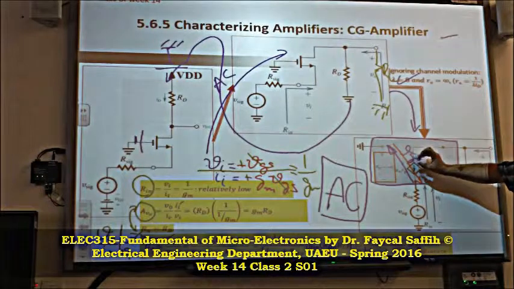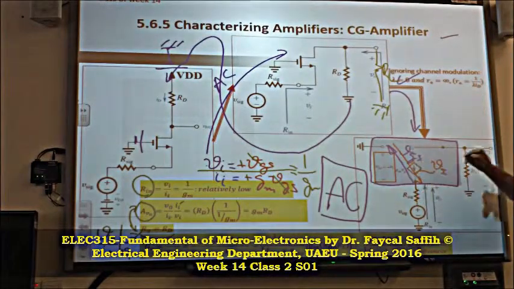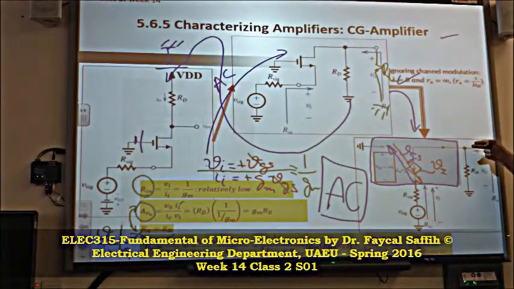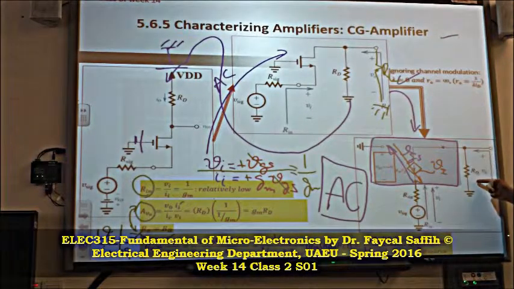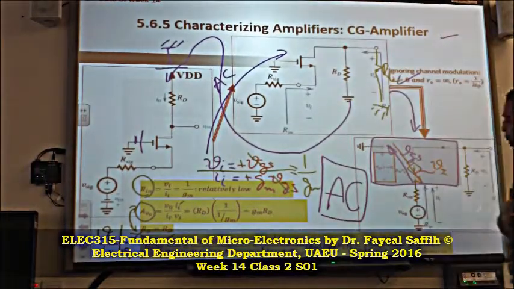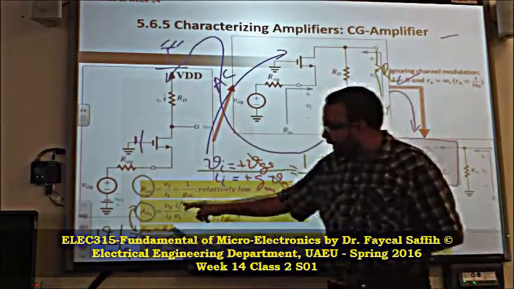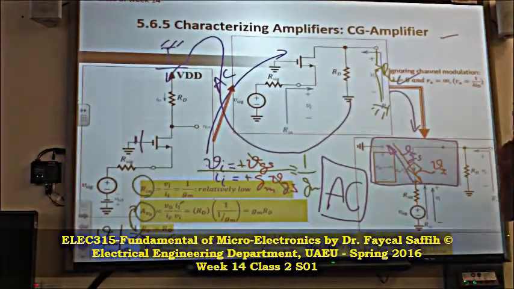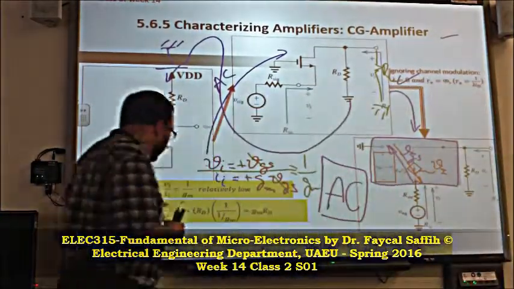That means this branch is open. So the current that I send from the output will not go through this branch, will go only through this. And that resistance is RD. Bingo. That's it.